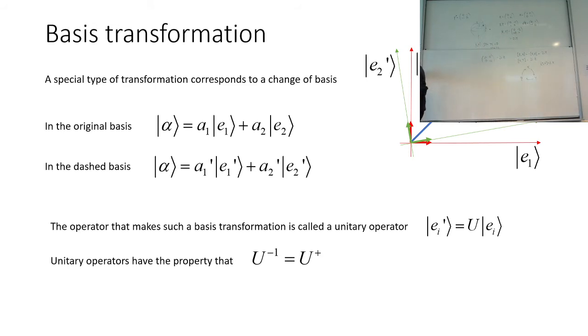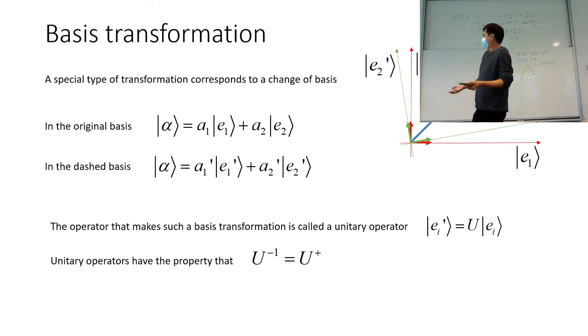So I could represent my vector with these unit vectors. In that case, it'll have some coefficients like a1, a2, or I could represent it equally well in some other coordinate system, e1 dash, e2 dash, and of course it will have different coefficients because I'm looking at it with my head pointing somewhere else.